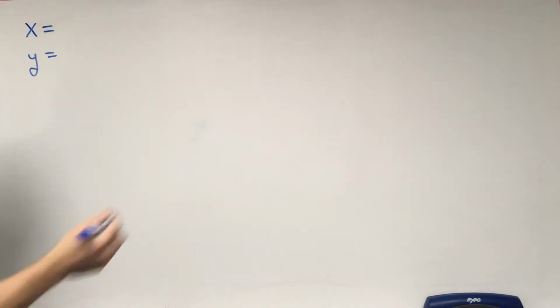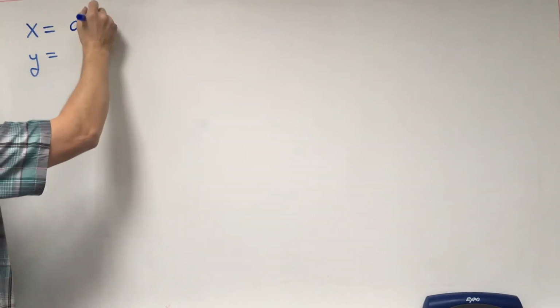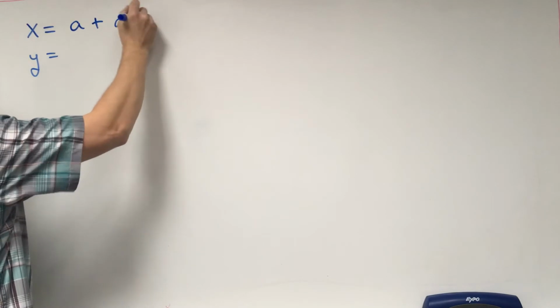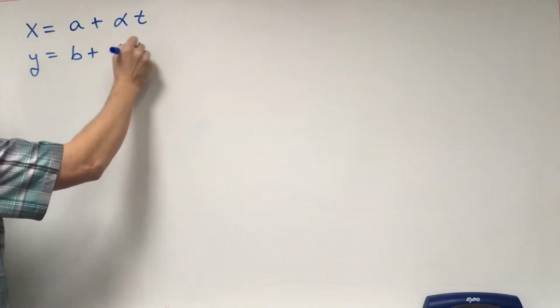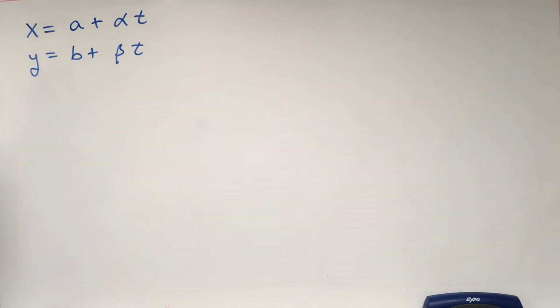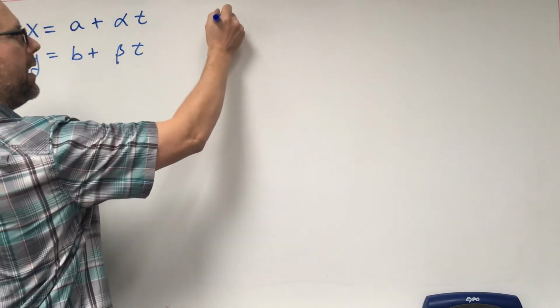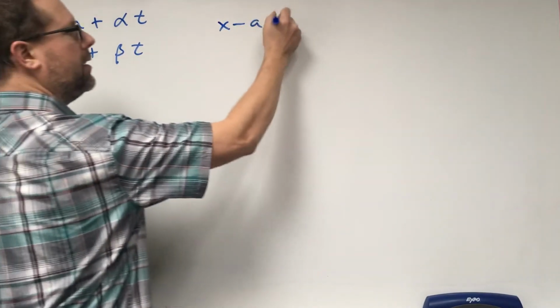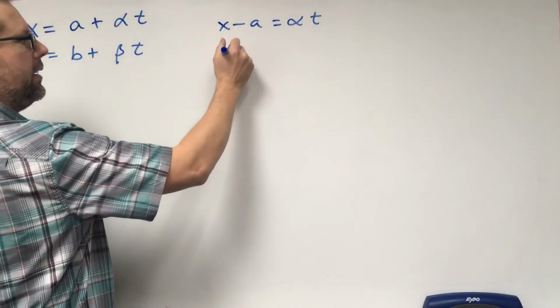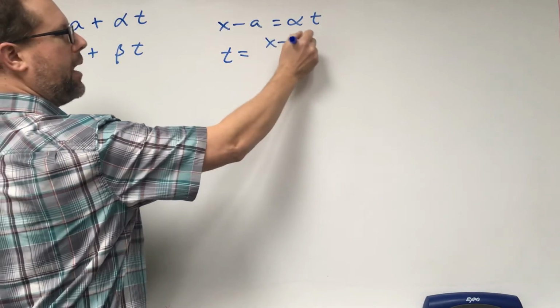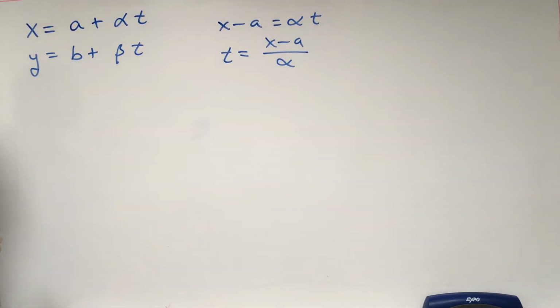Suppose instead I have x equals a plus alpha t and y equals b plus beta t. Let's replicate the elimination of the parameter that we just used in the preceding example. So we have x minus a equals alpha t, and therefore t equals x minus a over alpha.